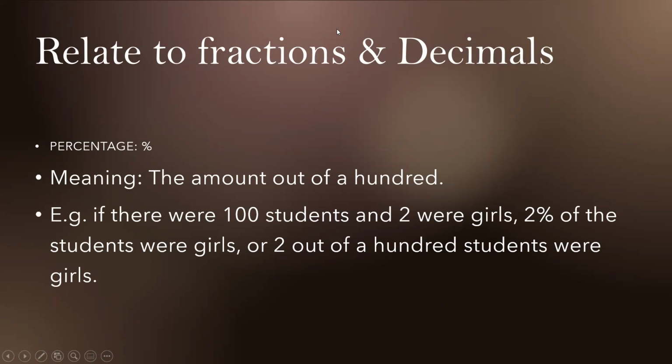Well, if we want to express it as a fraction, we can say that 2 out of 100 pupils were girls, or 1 out of 50. Notice what I did with the fraction. I just simplified it.